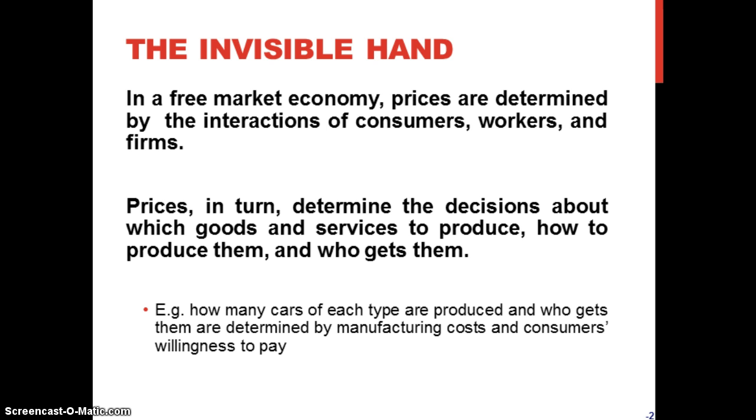In turn, prices determine the allocative decisions about which goods and services to produce, how to produce them, and who gets them. As I explained in the previous lecture, the main focus of economics is to solve scarcity. So they believe that the interactions of self-interested individuals can solve scarcity.